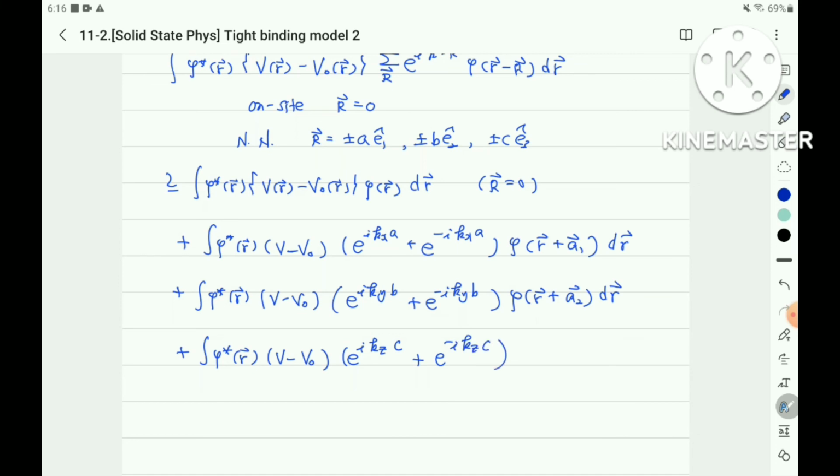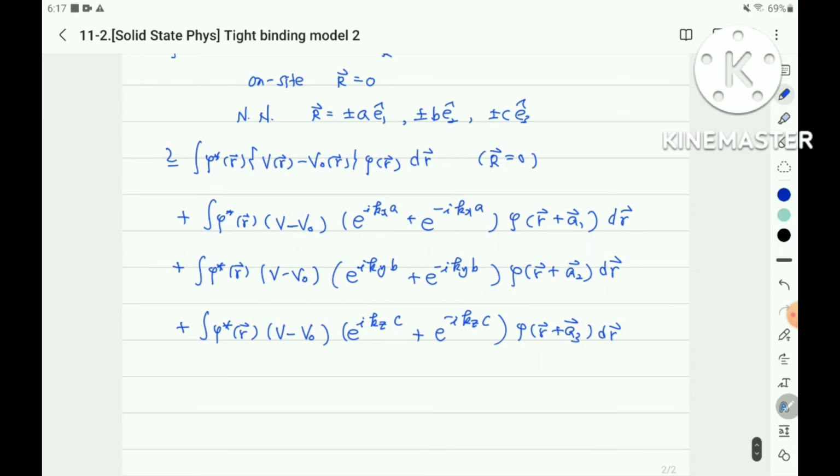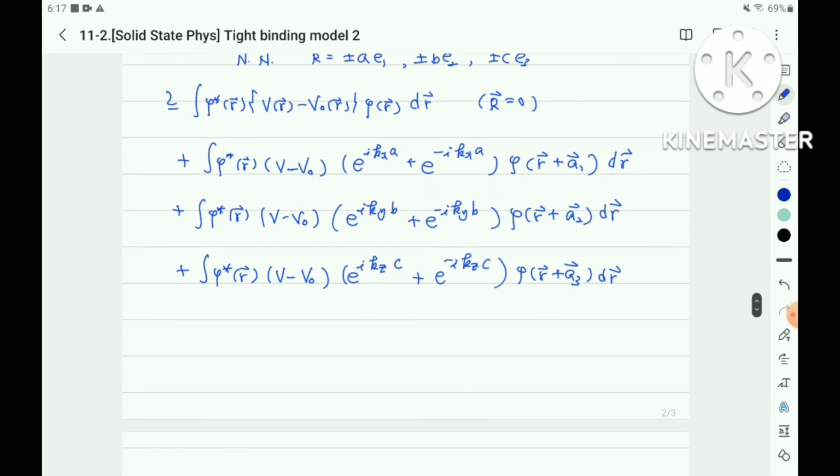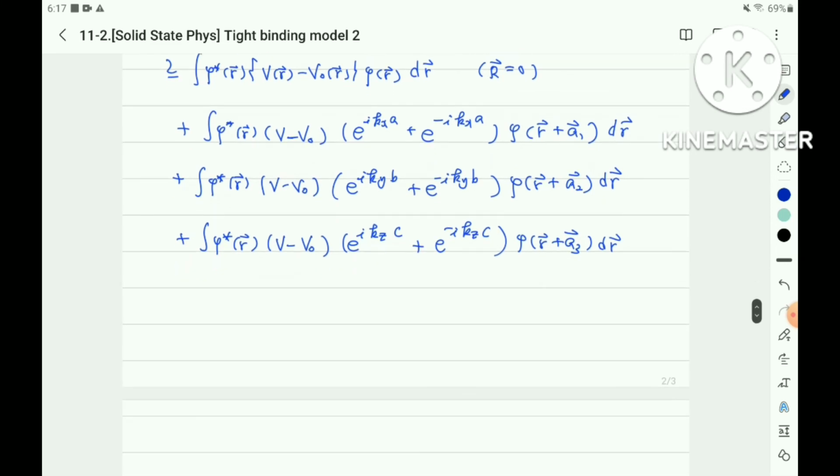It is the z direction case, phi r plus a3 dr.